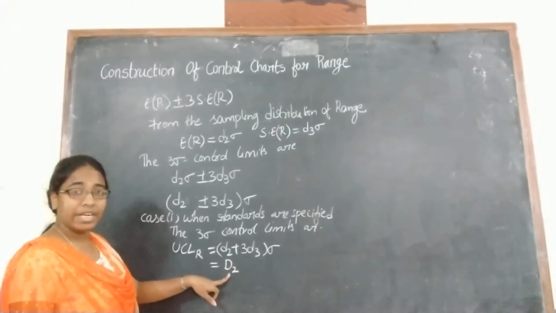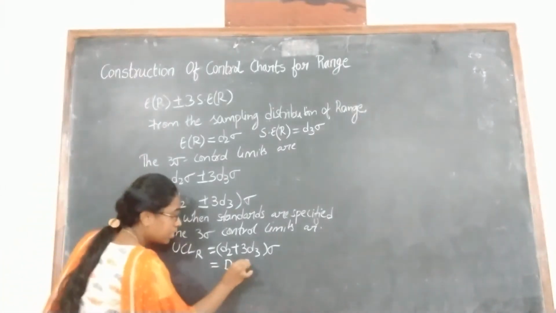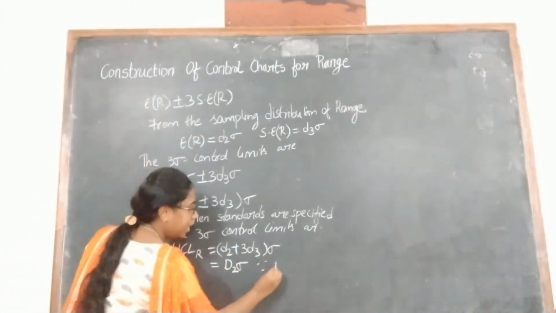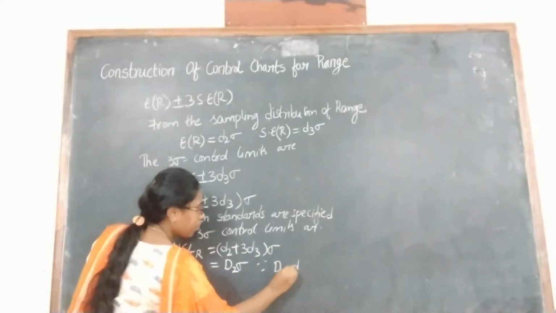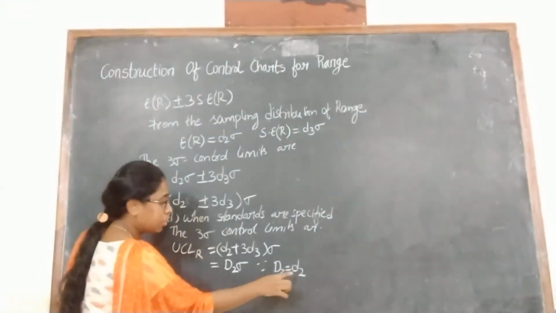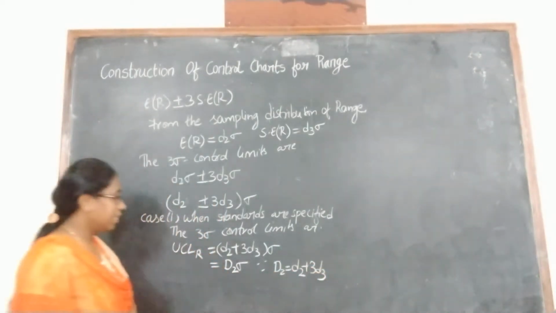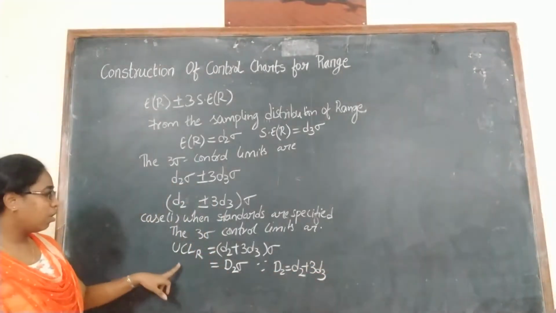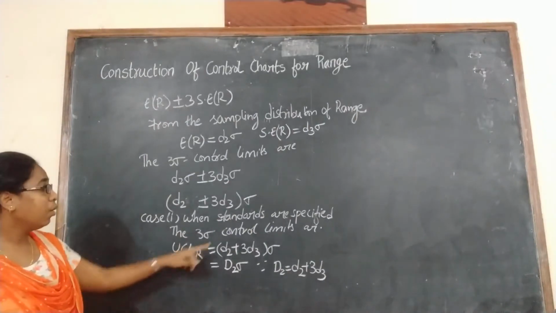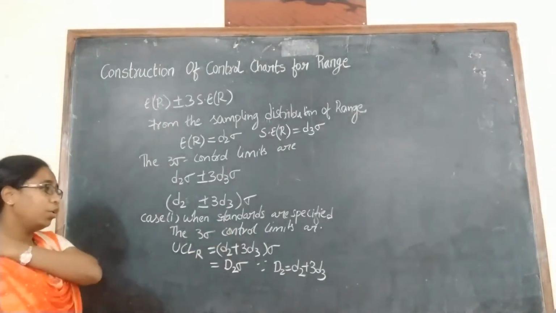So this is capital D2 into sigma, since capital D2 equals small d2 plus 3 into d3. So this is the UCL of the range chart when the standards are known.